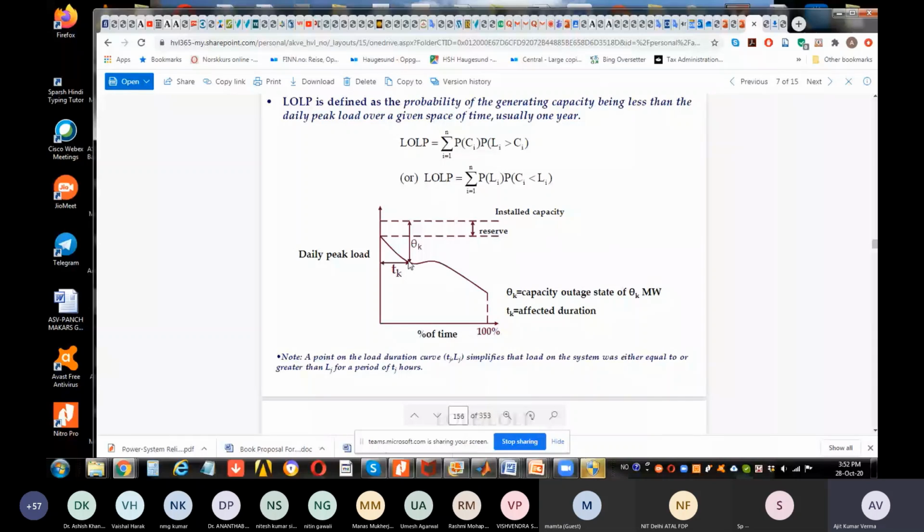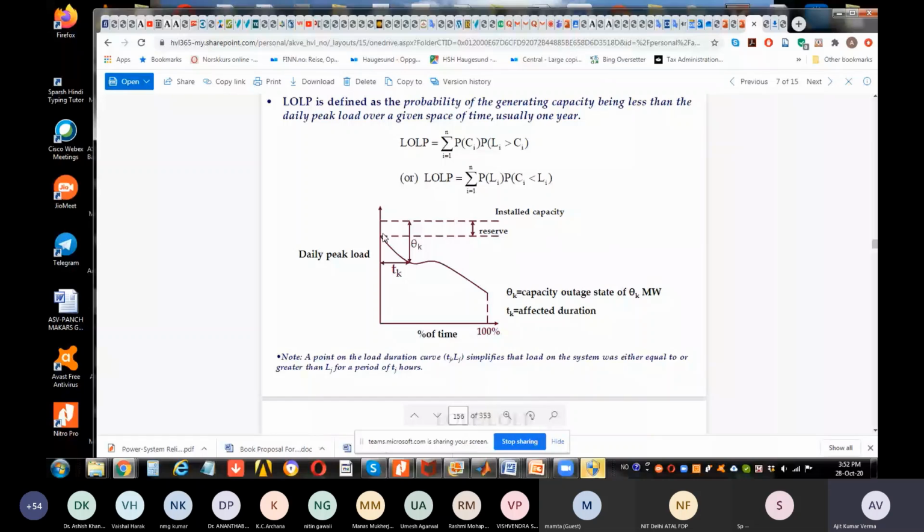You don't know whether 40 megawatt is lost, or 20, or 60, or 80. So it will reduce, and when it reduces, obviously the load which is above the current capacity state will be lost. So for the percent of time for which the load is above the capacity state, that will be lost.